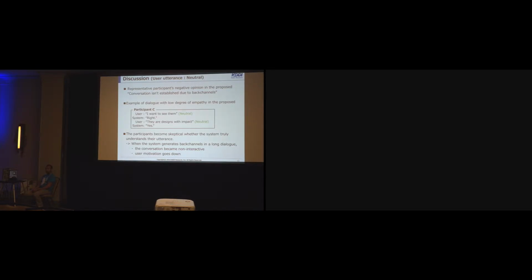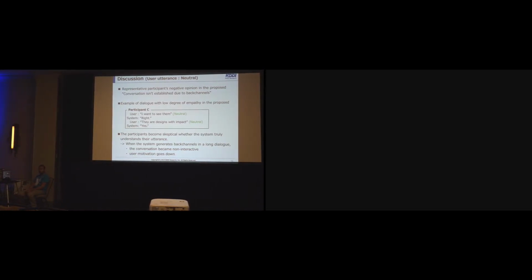The participant C says a neutral utterance and the system responds with back channels. In this dialogue, since the system only generates back channels, the participants became skeptical whether the system truly understands their utterance.